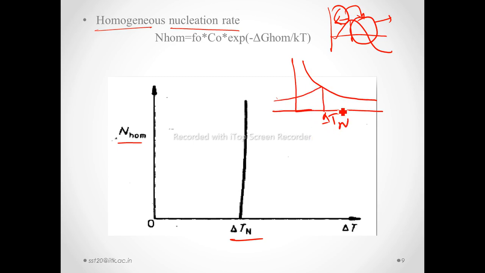When it reaches this undercooling, delta Tn, they are not part of the liquid and they are converted into solid. Hence, there is an explosion of nuclei within a small narrow range of temperature, and the rate of homogeneous nucleation increases rapidly. Hence, it is shown as a steep graph.